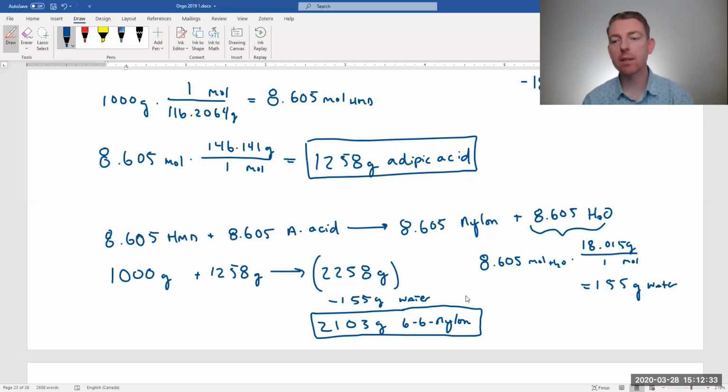I could also say, this process produced this amount of water. How much of the product or one of the reactants did we need to get there? Apart from the condensation reaction itself, which is new, the basics of all this is the same kind of conservation of mass problems that we've been dealing with since the beginning of the year.